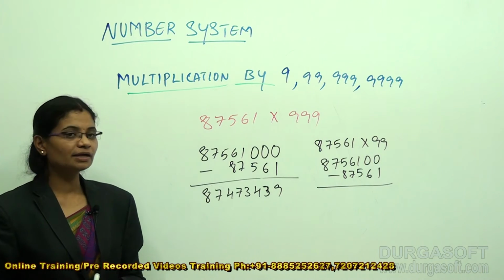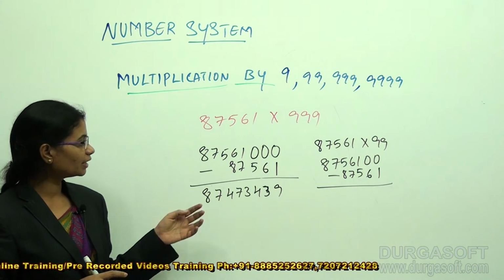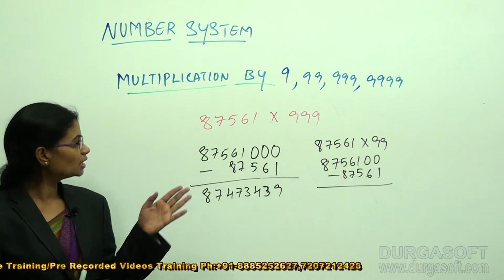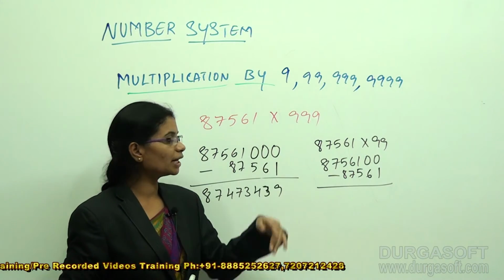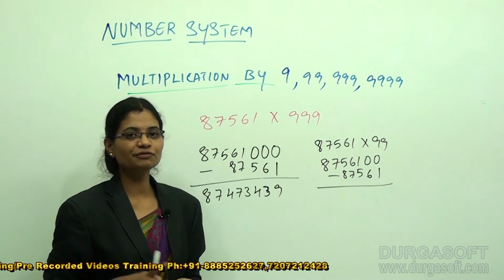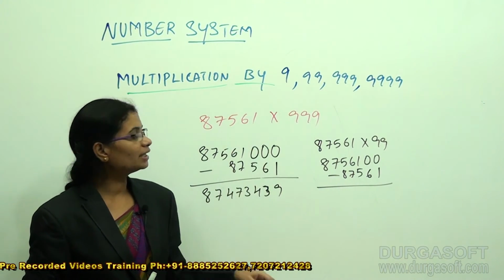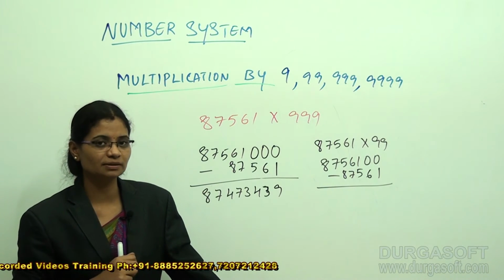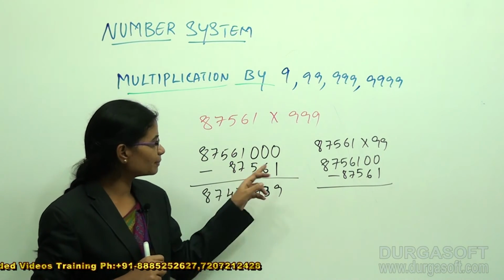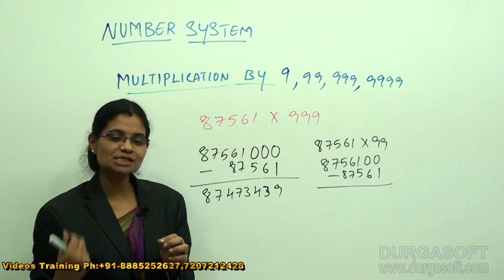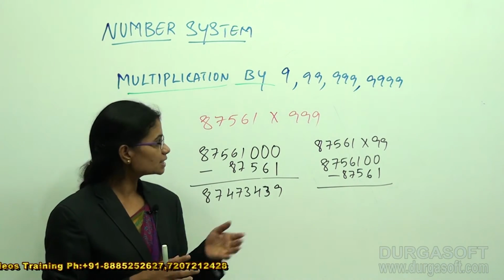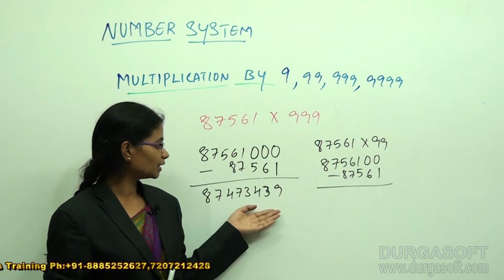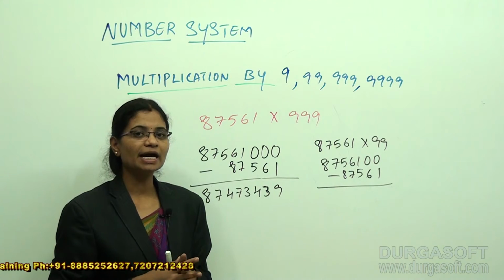If you observe, what is the actual logic for taking zeros there? If it should be multiplied by 999, you observe that 999 is very close to 1000, right? So we are making this number to 1000 and subtracting just one number from it. That's the result we are getting. So this is the actual concept.